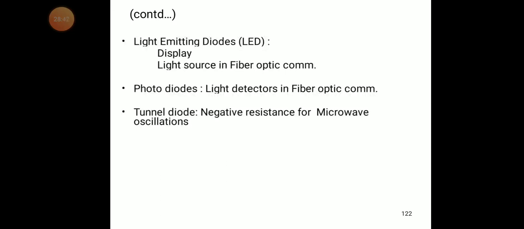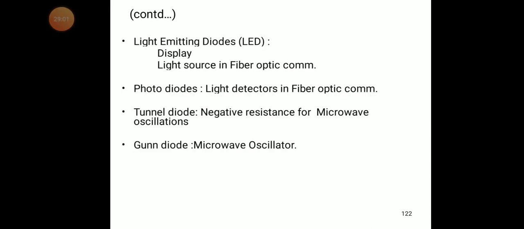Photodiodes we have, these are used as light detectors in fiber optic communication. Tunnel diode is generally used for the negative resistance region, negative resistance for microwave isolations.